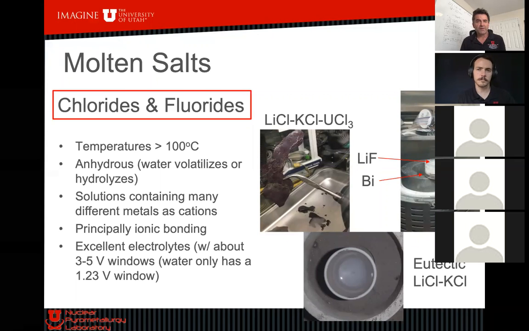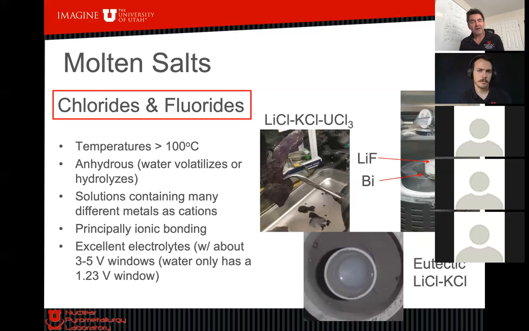So what are we dealing with here? We're dealing with temperatures almost always above 100 degrees Celsius, typically up around 500 degrees Celsius. I'd say we can go as high as about 1,000 degrees before the salts start having problems with vaporization. They're anhydrous, at least they're intended to be anhydrous.